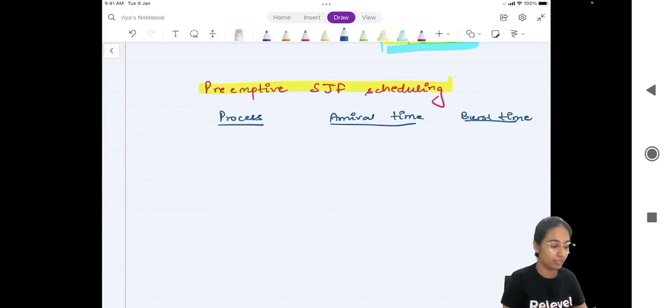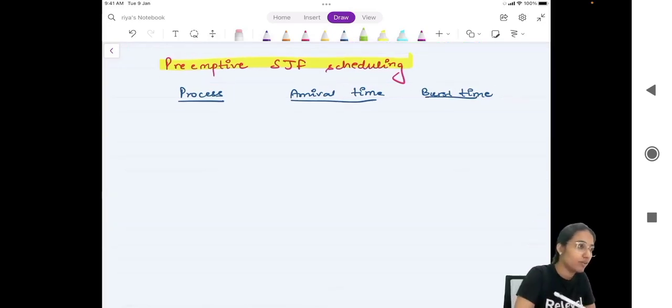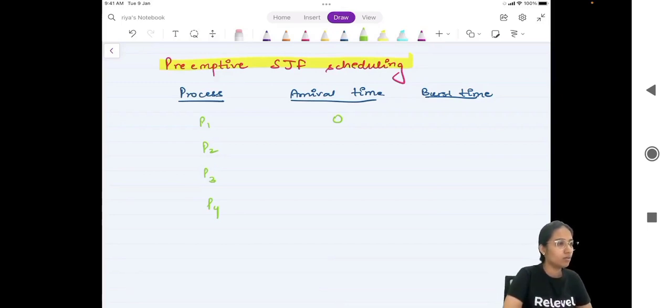Now see very carefully. We have the processes P1, P2, P3, P4, with arrival times 0, 1, 2, 3. Burst times are 6, 4, 6 and 1.